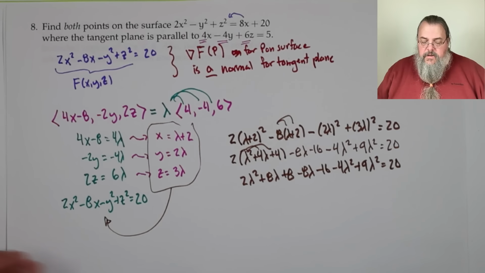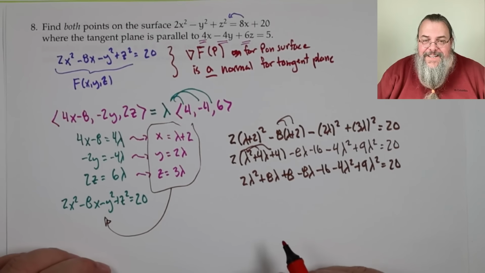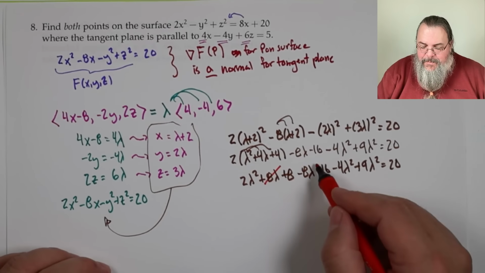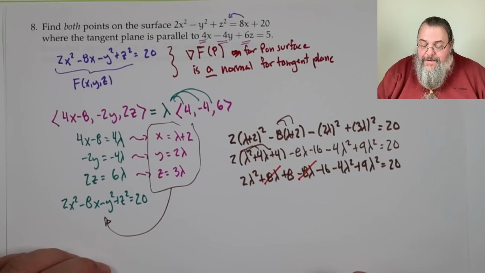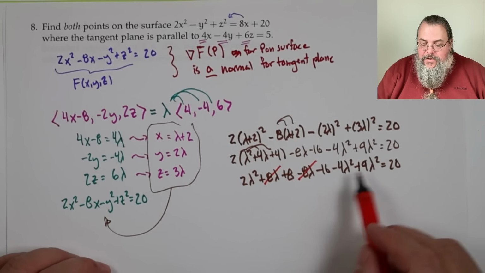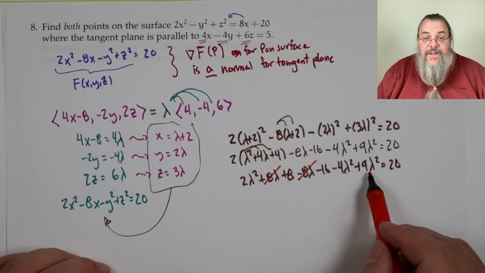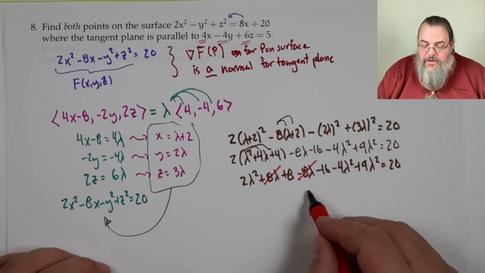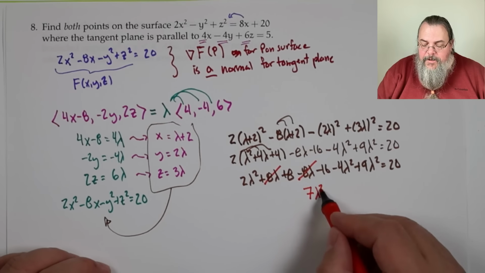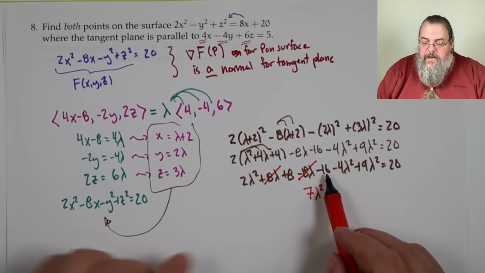Oh, my goodness, can we solve that? Well, we can simplify. 8 lambdas cancel. Well, that's convenient. 2 lambda squared minus 4 lambda squared plus 9 lambda squared all together gives us 7 lambda squared. On the other hand, I can move this across.